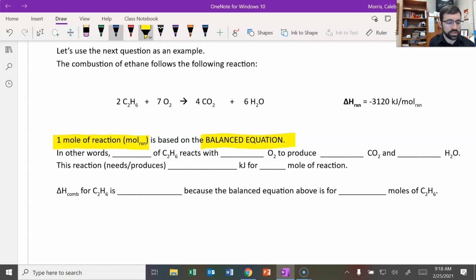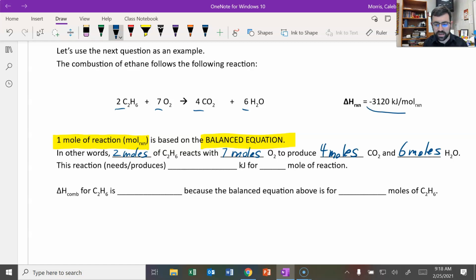In other words, if I wanted to describe it, I would say that 2 moles of ethane reacts with 7 moles of oxygen to produce 4 moles of carbon dioxide and 6 moles of water.